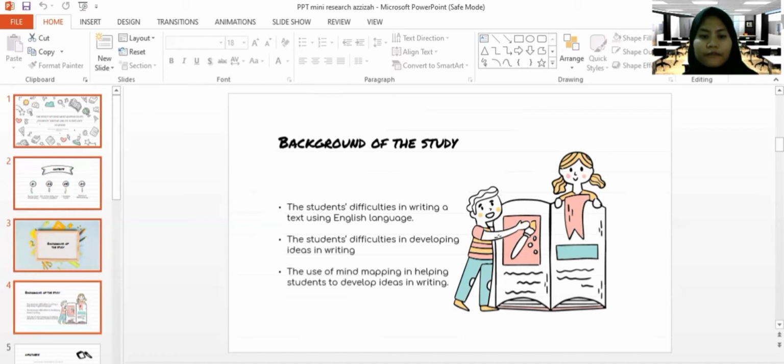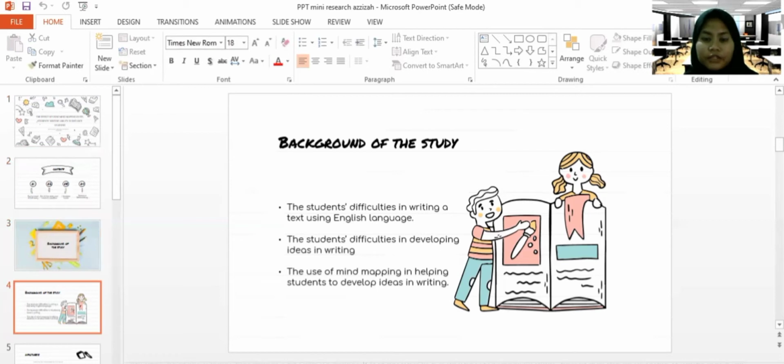However, one of the problems faced by Indonesian EFL students, specifically in junior high school, is regarding writing. As stated by Richards and Renandya 2002, writing is the most difficult skill for second language and foreign language learners.